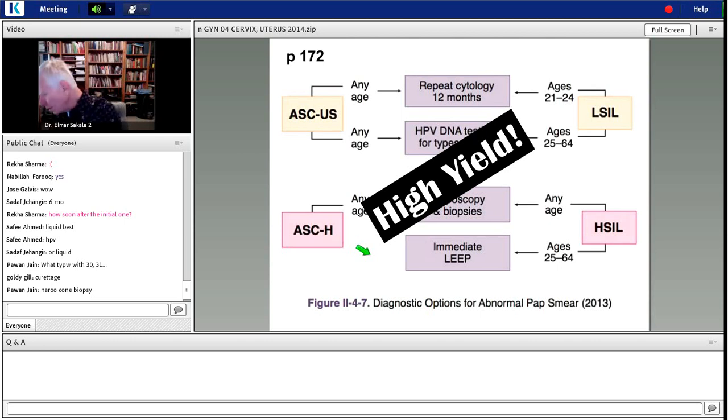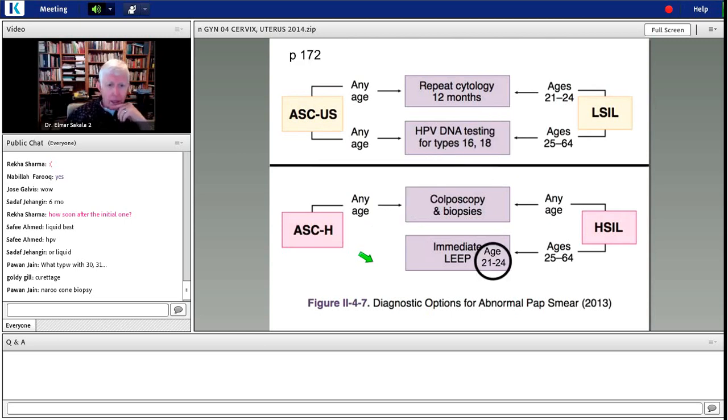Okay, this is on page 172 and is really a high yield summary. So we'll spend some time looking at this. What I would like you to do is to write in here age 21 to 24. We treat young women, ages 21 to 24, different than women who are 25 to 64.